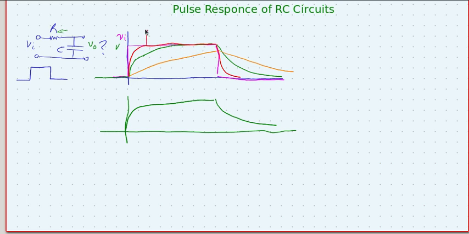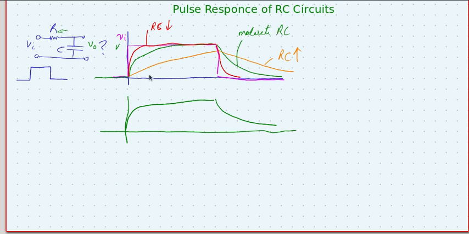So this value is for small RC value, and this one is for large RC value, and this one is moderate value of RC.